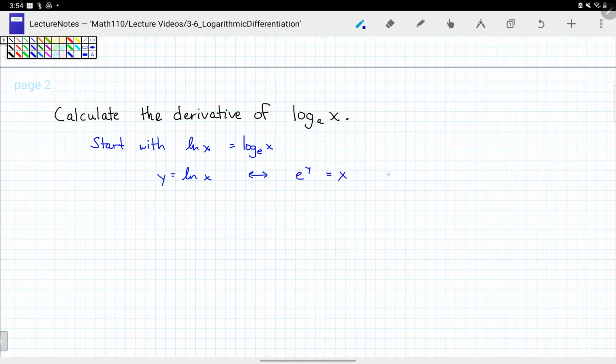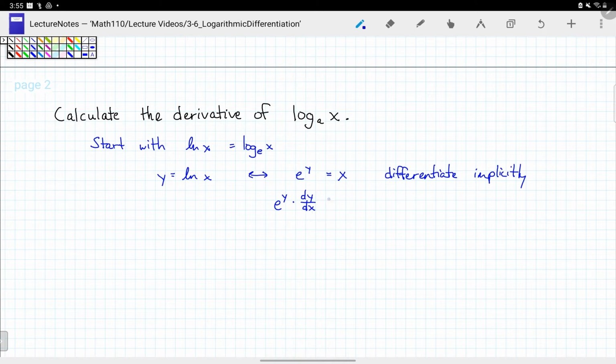And then I'm going to differentiate it implicitly. And so remember, we need to use the chain rule because y is a function of x here. So the derivative of e to the y is itself, so it's e to the y, but then I also have to multiply by the derivative of y with respect to x.